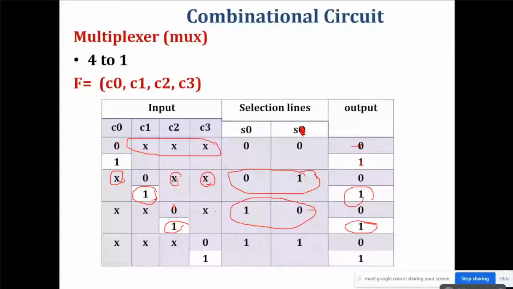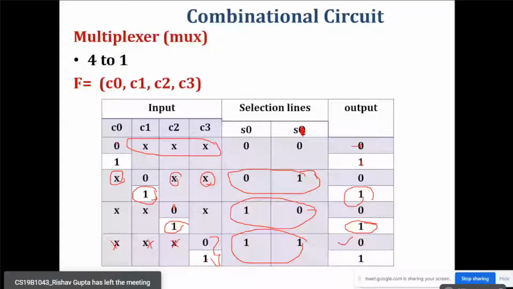And for the next combination, 1 1 of the selection line, C3 is selected. Whatever value of C0, C1, C2 is there, we don't care, we are only interested in C3. If C3 is 0, output is 0. If C3 is 1, output is 1.